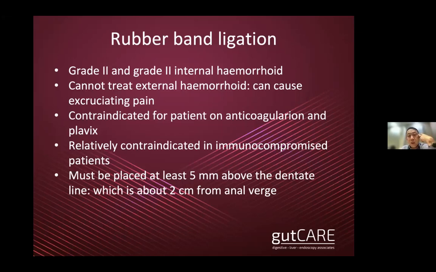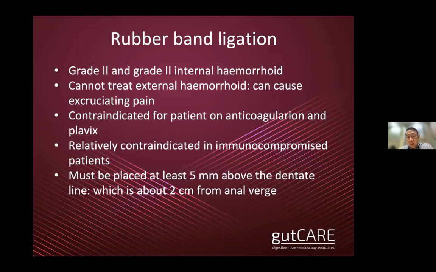Rubber band ligation is contraindicated if they are on anticoagulation, because when the rubber band drops off, they can have significant amount of bleeding. That includes patients that are on Plavix. So must take a medical history. Make sure they are not on NOAC for atrial fibrillation. Make sure they are not on Plavix. They're also relatively contraindicated in patients that are immune compromised because they are at higher risk of bleeding.